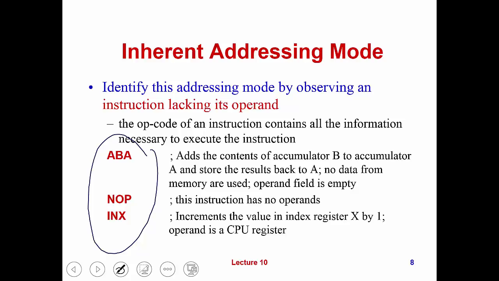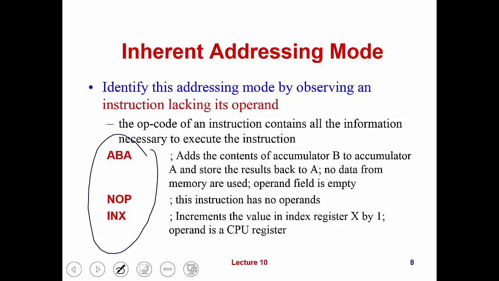ABA. I mentioned ABA when we discussed addition, right? Back early. ABA is to add the contents of accumulator B to accumulator A and leave the result in A. So this instruction already very explicitly tells the CPU what data to process, where it comes from, and where to store it.